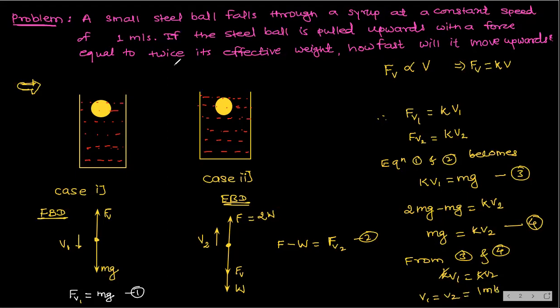That's why when you apply a force equal to 2 times the weight, the ball will come up with a velocity equal to the velocity with which it was going down. Okay, so note down fast. Let's move ahead now.